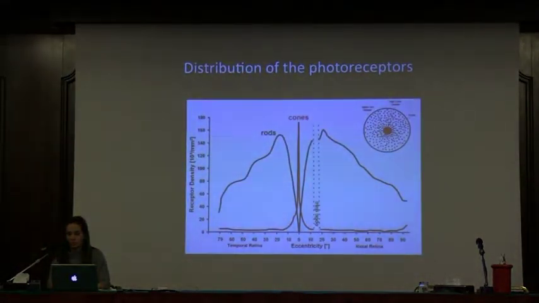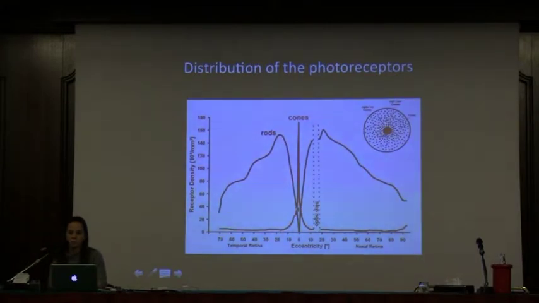This has also been shown and discussed today, that two different kinds of photoreceptors are distributed in the retina in a pretty different way. At the very center part of the retina, we have only cones. And this is the place where we have the most cones. If we go to the periphery of the retina, we have a smaller amount of these cones, but they are existing there also.